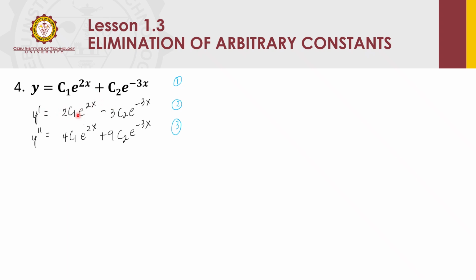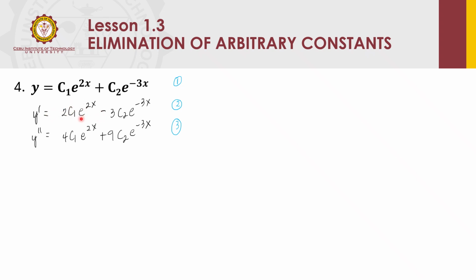Okay, by multiplying equation 1 by 2 so that it will have the same numerical coefficient with equation 2. So we can perform addition or subtraction to eliminate the C1 term.